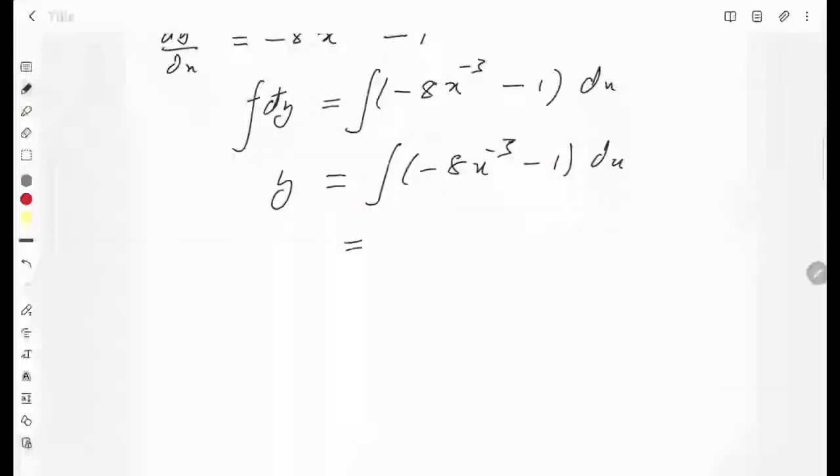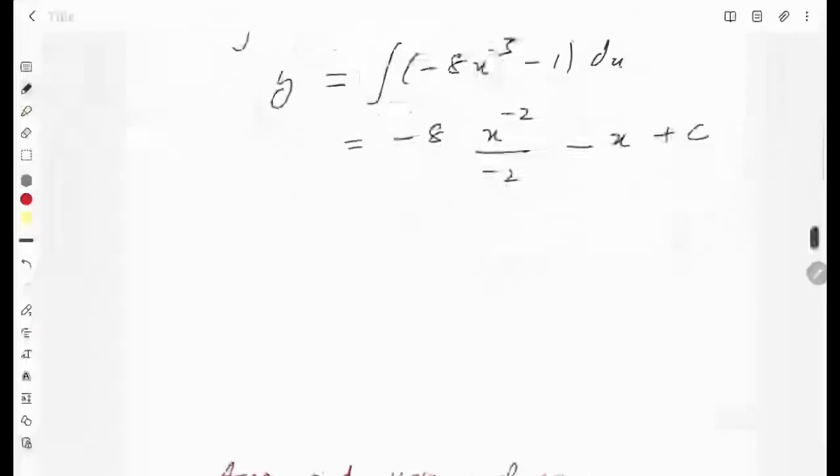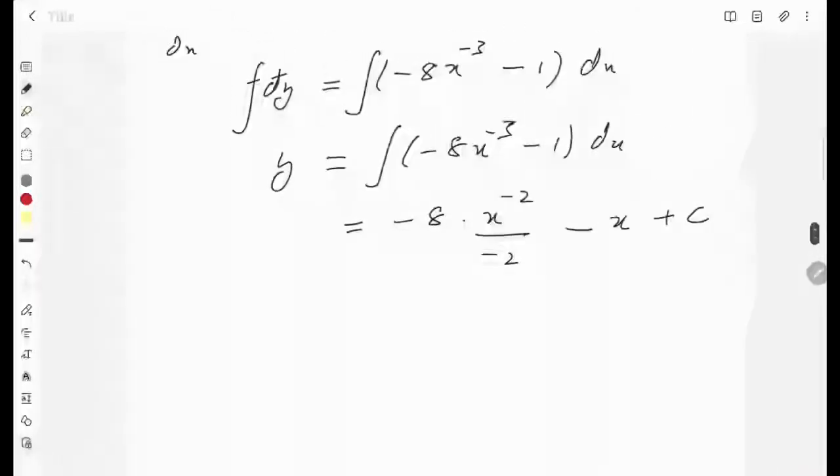And if simplified further, x power minus 3 can be integrated as minus 3 plus 1, minus 2, and the same minus 2 will come in the denominator. Integral of 1 is x, and there is an arbitrary constant c.